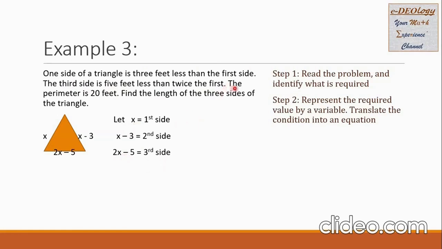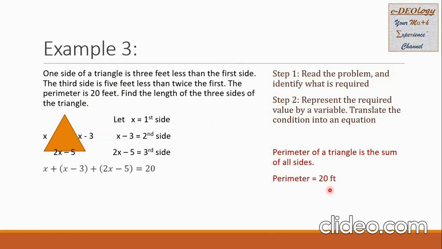Another condition is the perimeter is 20 feet. Let us remember, the perimeter of a triangle is the sum of all sides. And in this problem, the perimeter is given as 20 feet. And then translate the condition into an equation.